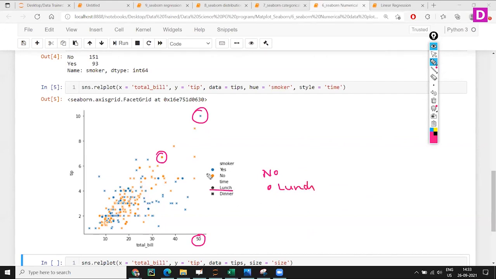A group of people visited during lunchtime who were non-smokers and they made a bill of around $30 or $32. So this way I will be able to interpret what kind of customers they were and during which time they visited. We need this data to analyze, right? So we can basically analyze this.